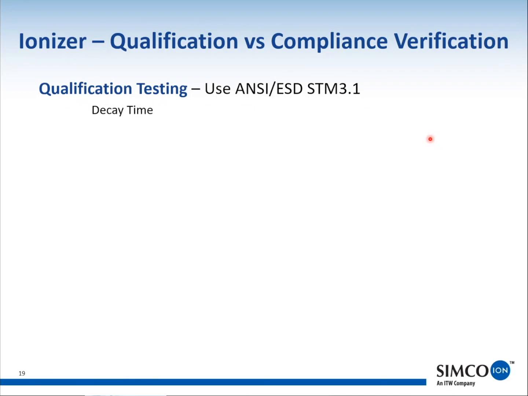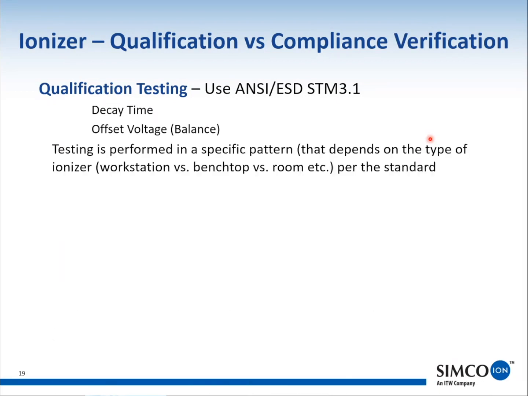It specifies that you do what's called a decay time and an offset or balance test. I'll show you what those are in a minute. The testing is performed in a specific pattern that depends on the type of ionizer. Is it a workstation versus benchtop versus a room system? The standard has various test methods for all of those different types of ionizers.